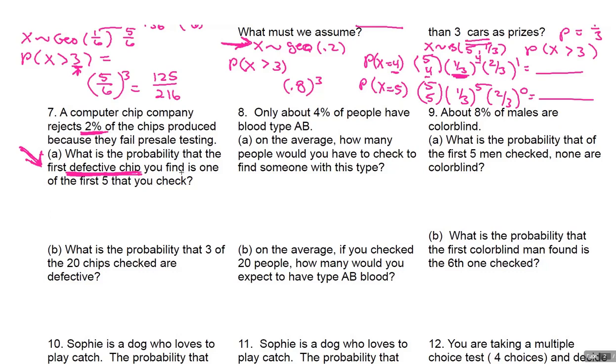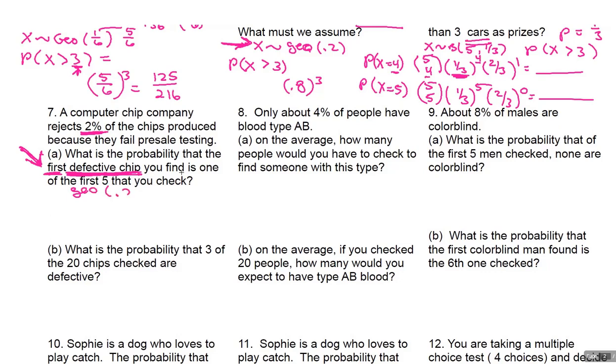But it's not asking me for a number. They're asking me when I get the first one. That could be on the first one I look at, the second, the third, the fourth. But at the end of the day, to answer this question, I'm only going to have 1 defective chip. This is geometric, because they're talking about the probability of getting the first one.